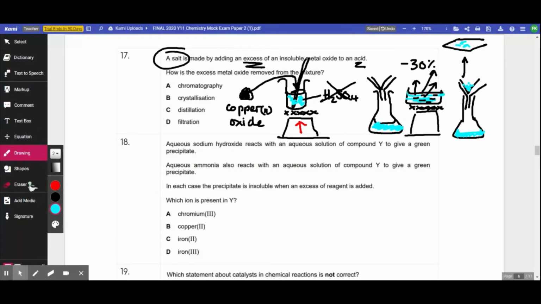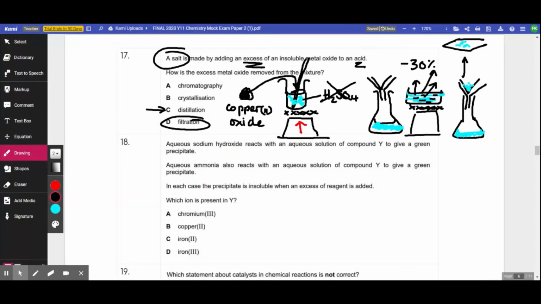We go back to the actual question itself. The question suddenly looks really easy. How is the excess metal oxide removed from the mixture? The answer is filtration. 82% of my sample chose that one. The most common mistake, believe it or not, was distillation.